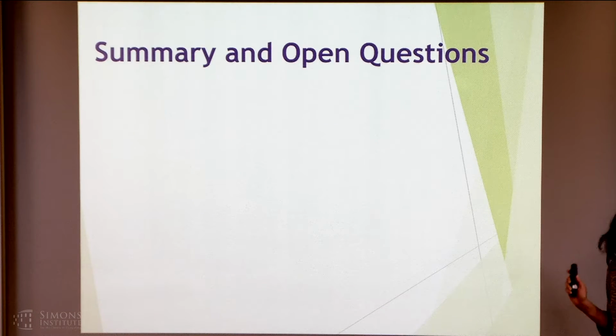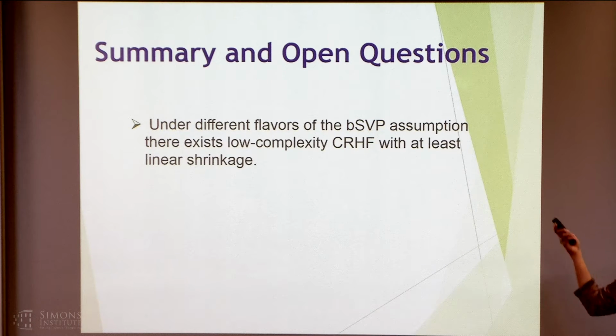So let's just summarize and talk about open problems. Like I said, under different flavors of the binary SVP assumption, we were able to show a low complexity collision-resistant hash function with at least linear shrinkage.